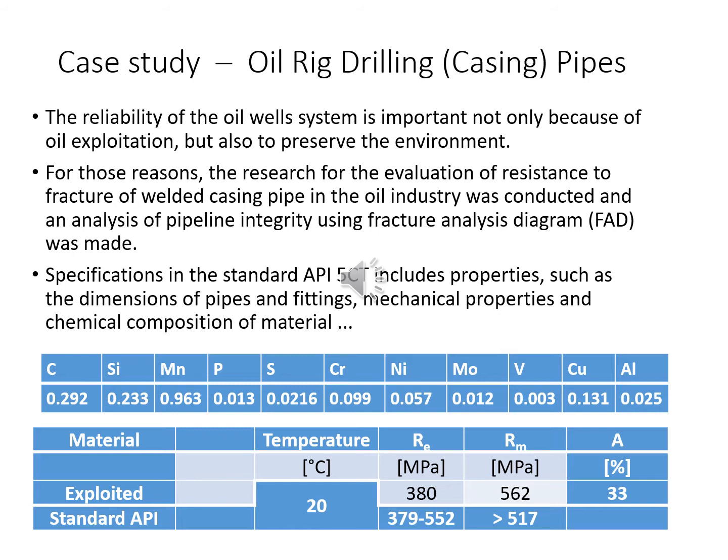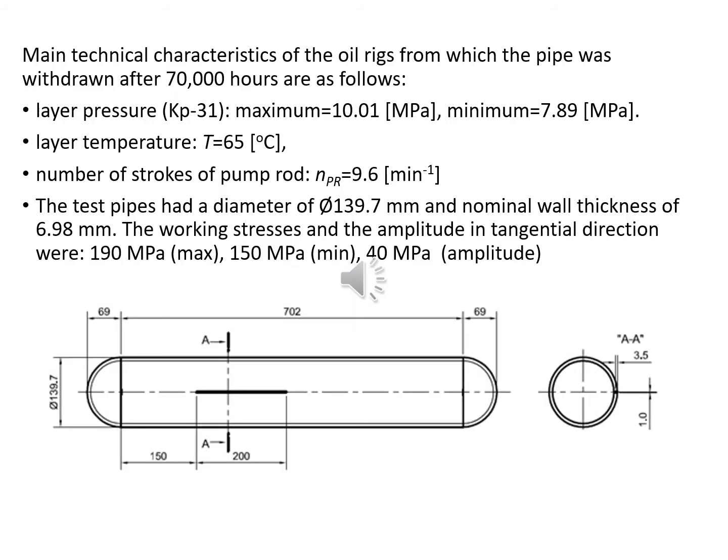You can see typical chemical composition and basic mechanical properties in this slide. The data that we will need is for the pipe withdrawn after 70,000 hours of exploitation, which was due to maximum and minimum pressure.